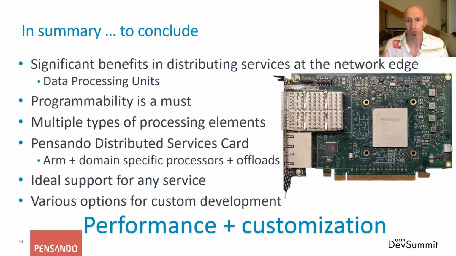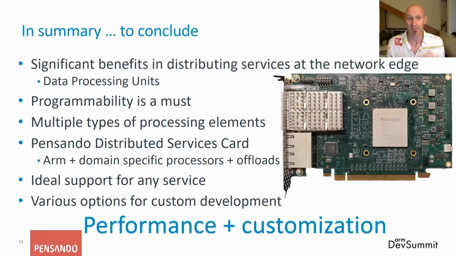So to conclude, we have seen that there are significant benefits in distributing services at the edge of the network, so at the separation point between the network and the host, specifically in a data processing unit. And we have seen that programmability is a must in such a device. Actually, not only does the device have to be programmable, but it's important that it contains multiple types of processing elements.